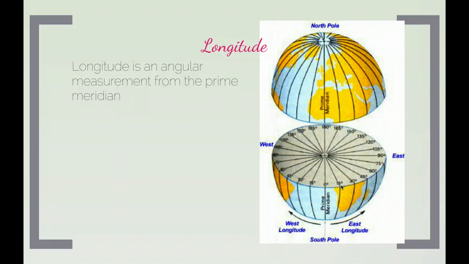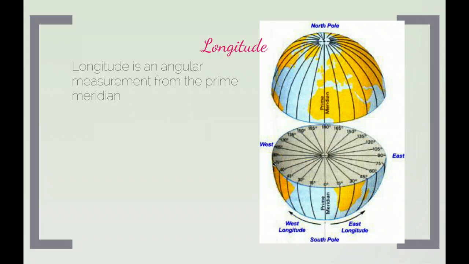That means that for every hour, the Earth spins 15 degrees. So if the prime meridian were here, in an hour the Earth will spin this way, and now 15 degrees west longitude will be at this spot as it spins around.